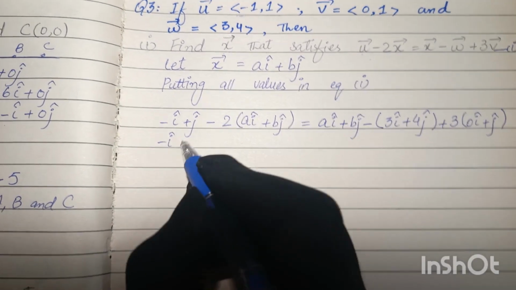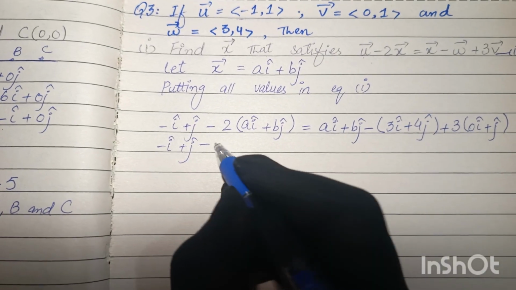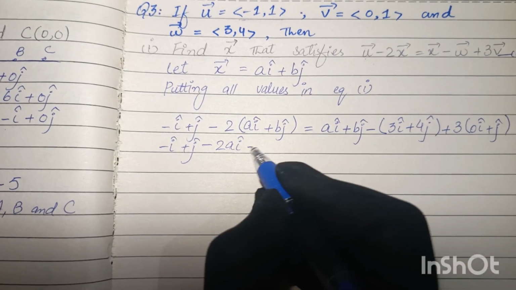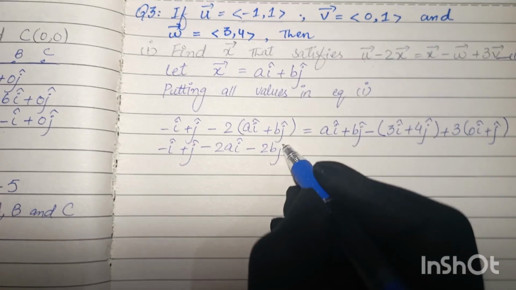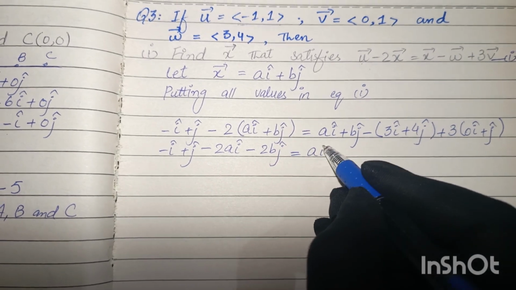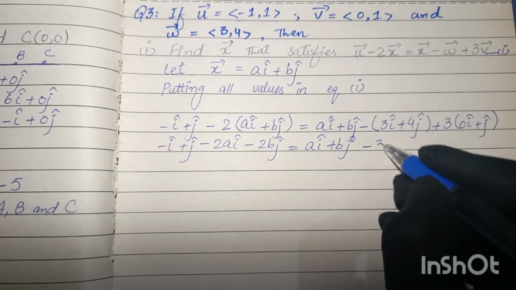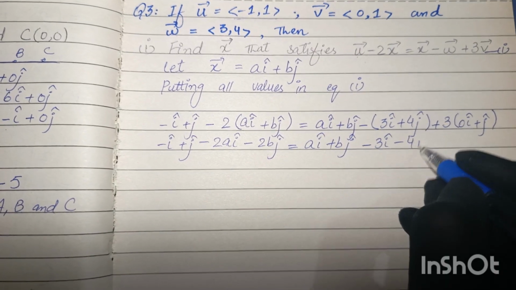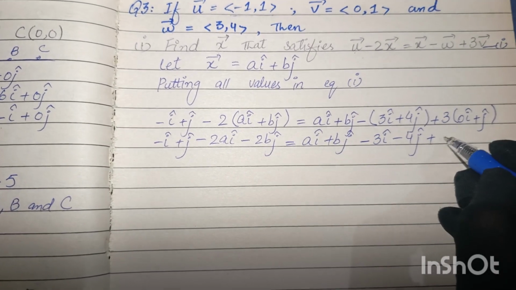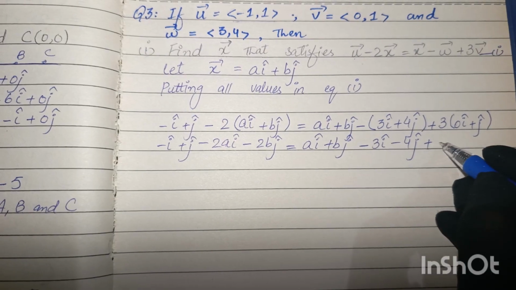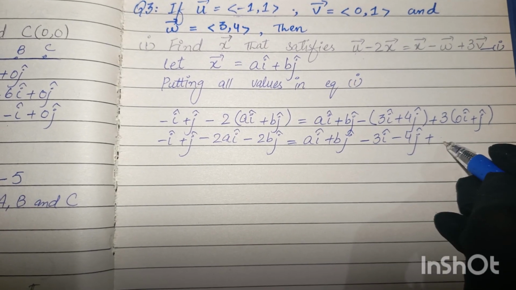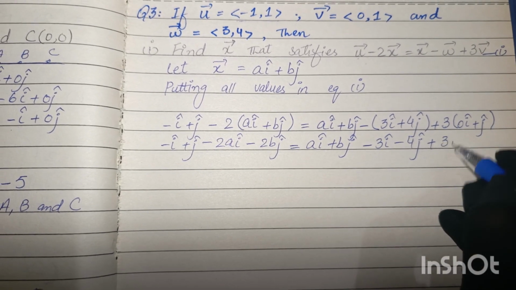So minus i plus j as it is, minus 2ai minus 2bj, plus ai plus bj, minus 3i minus 4j, plus 3 zeros are 0, so I'm now writing 0i plus 3j.